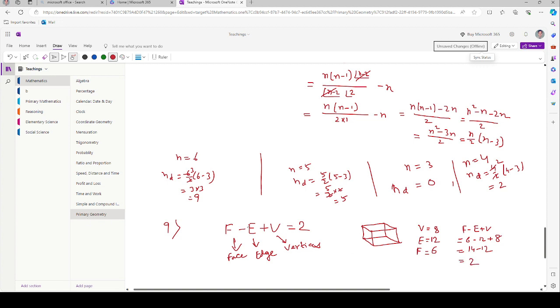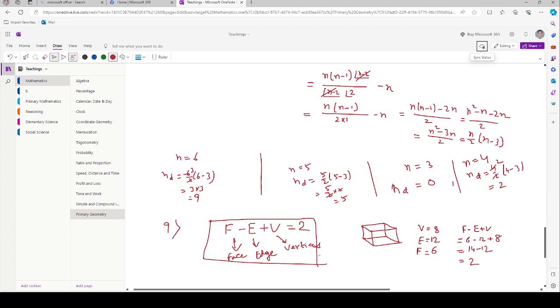So this relationship is proved for cuboid. Similarly, for other objects, this relation will be satisfied.